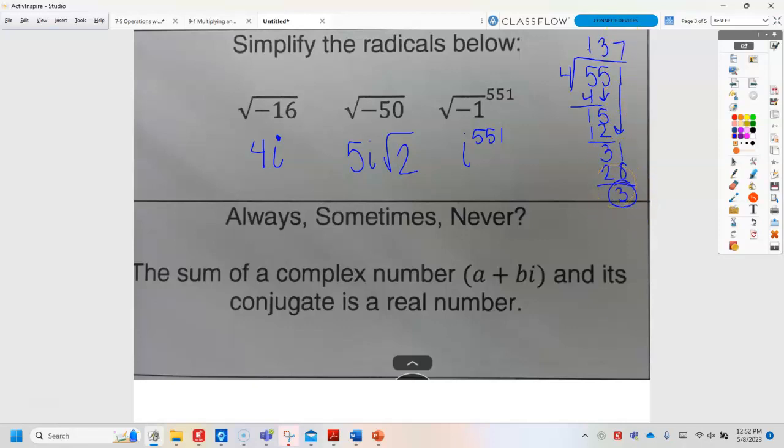So a remainder of 3 means that i to the 551 is really equal to i cubed, and i cubed is really equal to negative i.